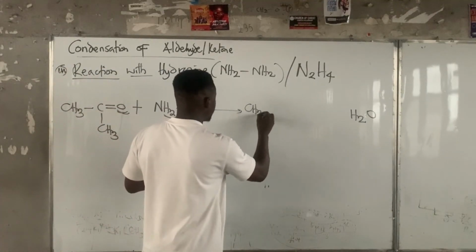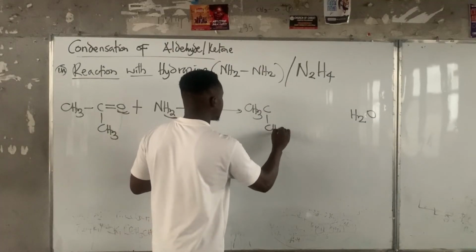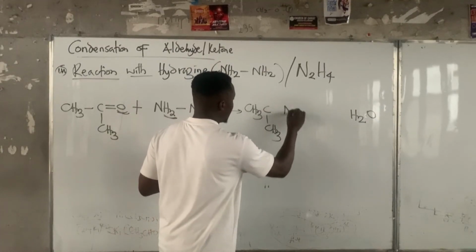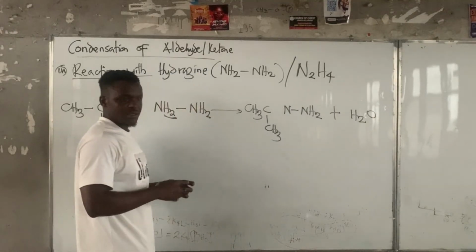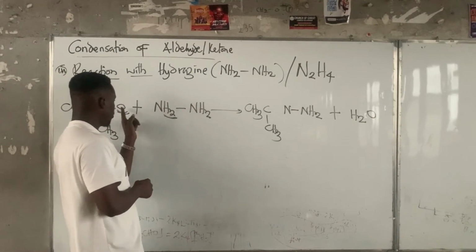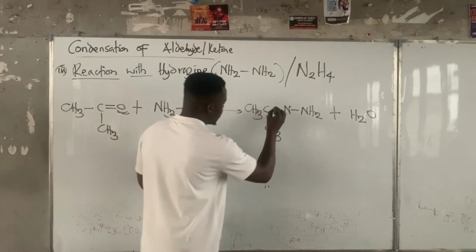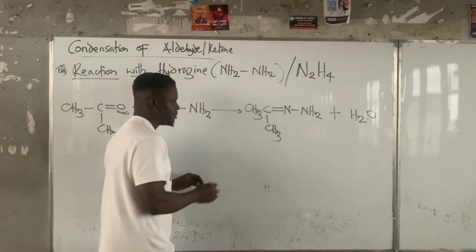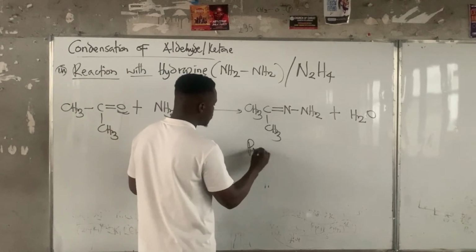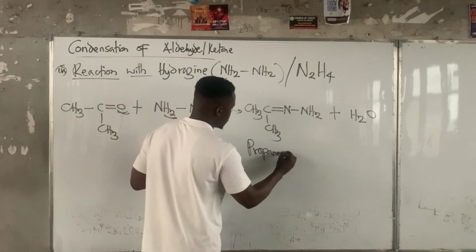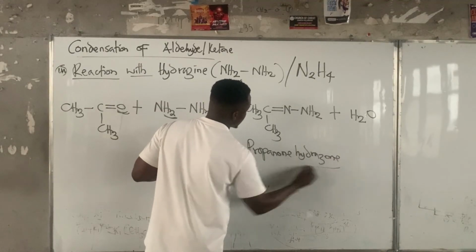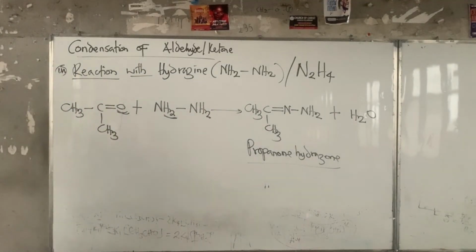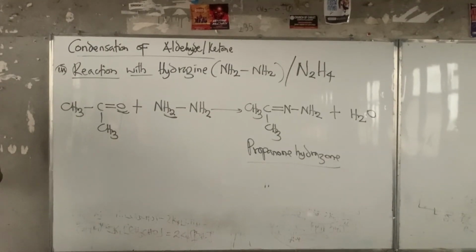We have CH3, C, CH3, we have N, NH2. Two hydrogens have been lost here, one oxygen has been lost. So when you put a double bond here, you have this. So this becomes propanone hydrazone. That is the answer to that question.